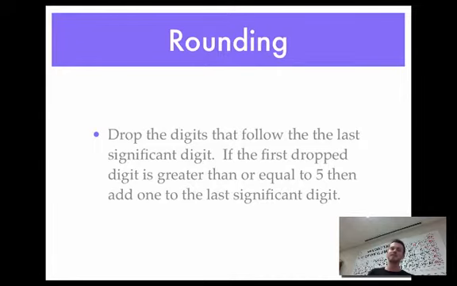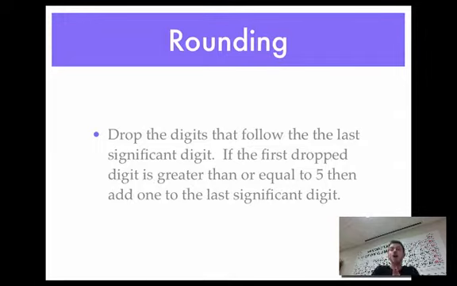When we're talking about significant figures and reporting our answers, our calculator is usually going to give us more numbers than we need. So we are going to need to round. When we round, we drop the digits that follow the last significant digit.